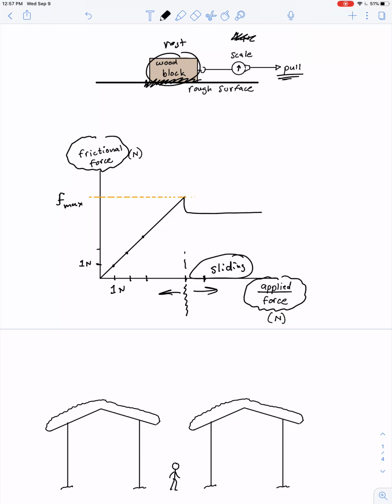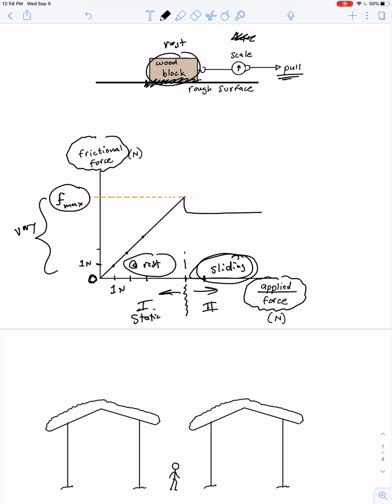For all the forces that I applied prior to that, the block was at rest. So we have two conditions: a static condition in which the force can vary anywhere from 0 up to some maximum value. And then we have a second case, sliding.